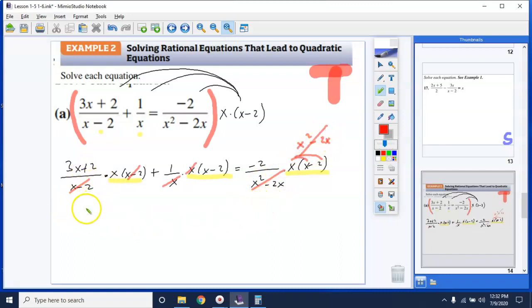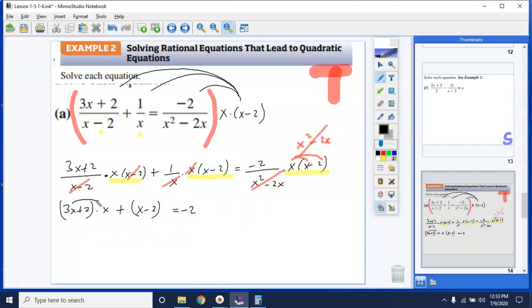On this part, let's see what we got. 3x plus 2 times x, right? Plus, on this side, we just have left x minus 1 times x minus 2. Those cancel each other. I end up with negative 2 there.